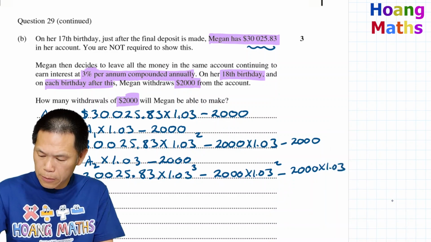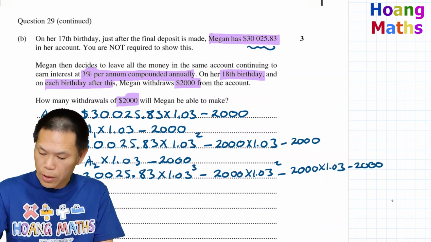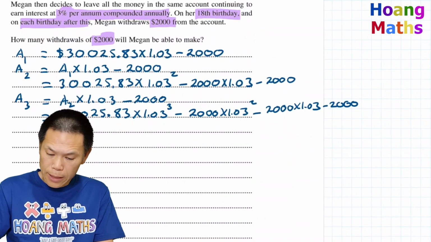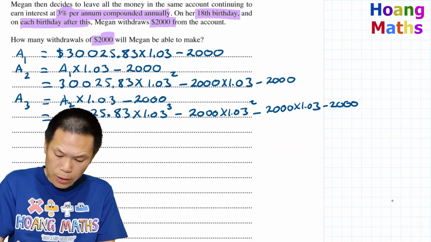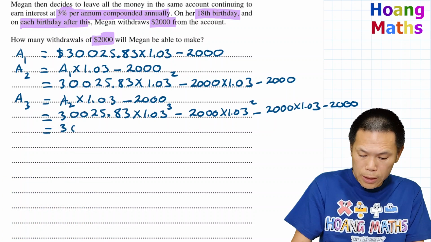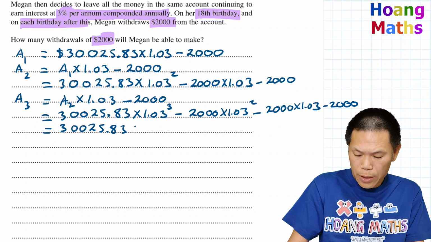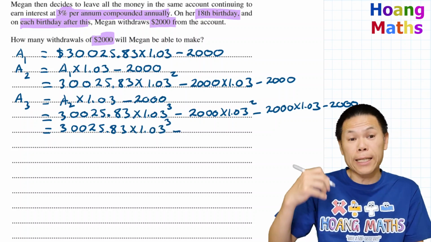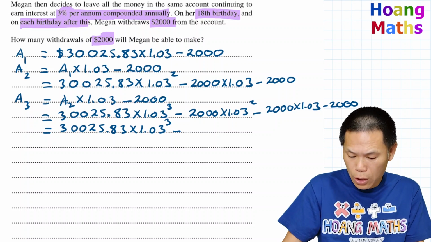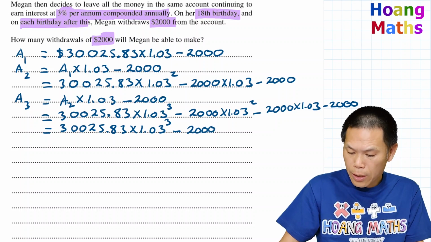So let me just rewrite this with taking the negative 2,000 out. So that gives me 30025.83 times 1.03 to the power of 3 minus, I take the negative 2,000 out, so 2,000.